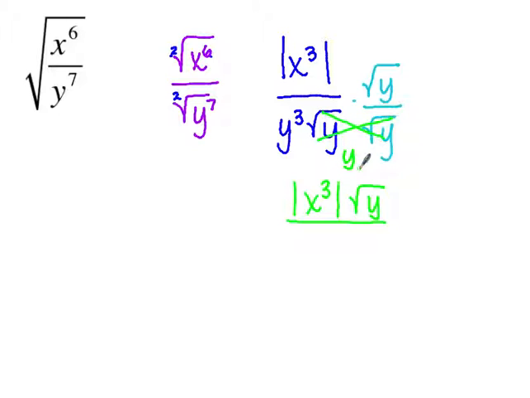Okay, now for those of you a little bit skeptical, root y times root y is actually root y squared. And remember, those two cancel. And so now I have y cubed times y, which is y to the 4th.